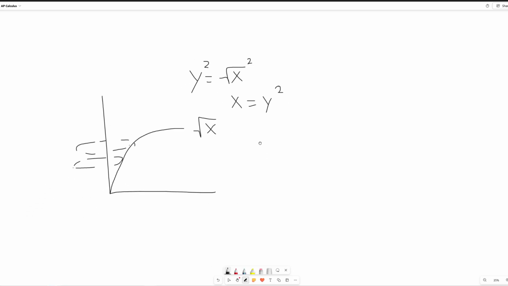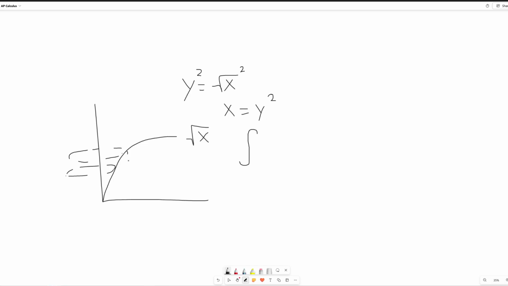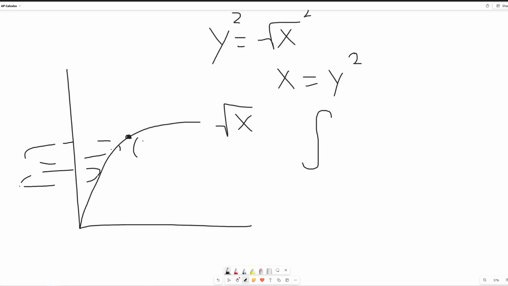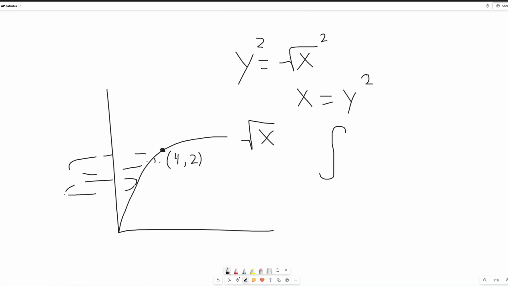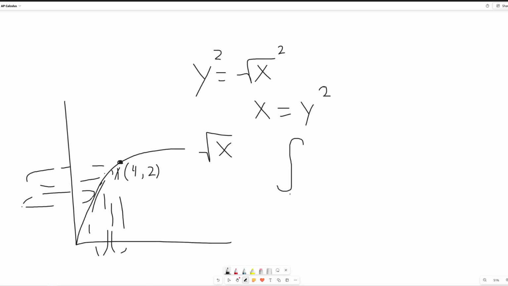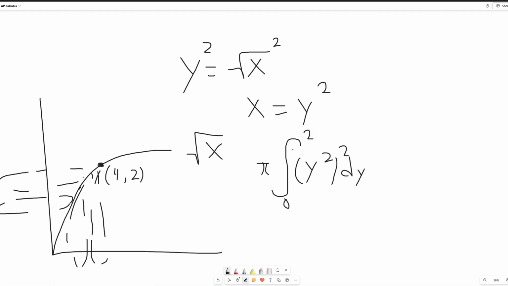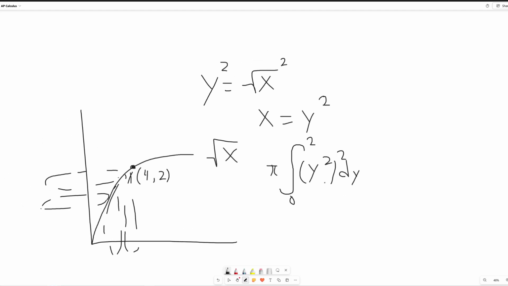So now we're going to integrate this, and then you find the y value it belongs to. So if x equals 4, y equals 2. Instead of integrating from 0 to 4 on the x function, you're going to integrate from 0 to 2, and then you have y squared dy, and then square your function, because this is your radius.